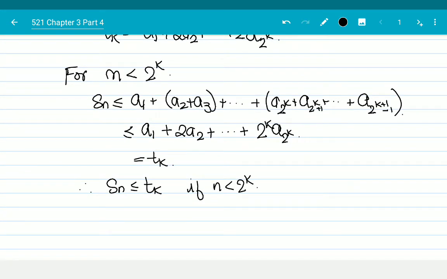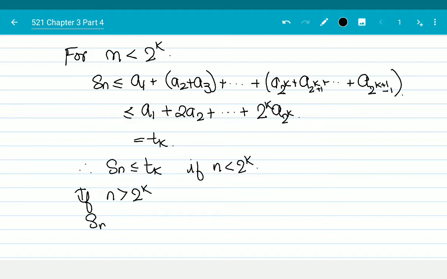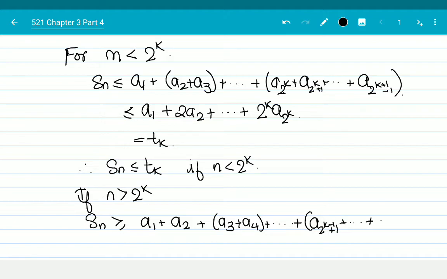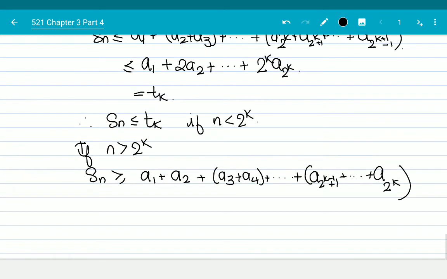On the other hand, if n is greater than 2 to the k, then Sn is greater than or equal to, well, a1 plus a2 plus a3 plus a4 plus dot dot dot plus a2 to the k minus 1 plus 1 plus dot dot dot plus all the way up to a2 to the k, because n is greater than 2 to the k, so there are some terms that I'm omitting.